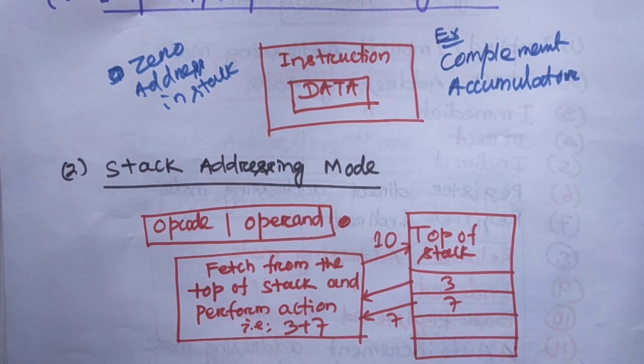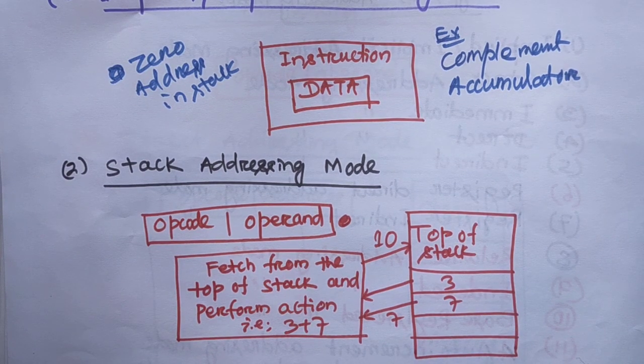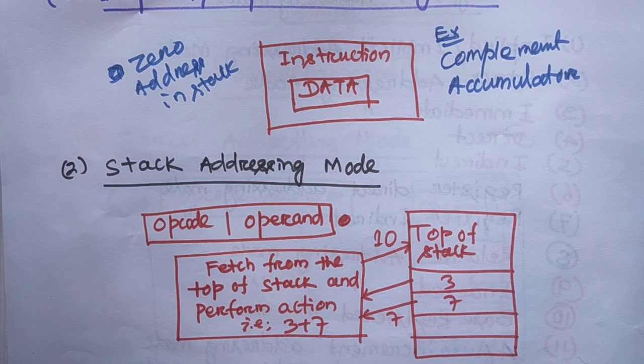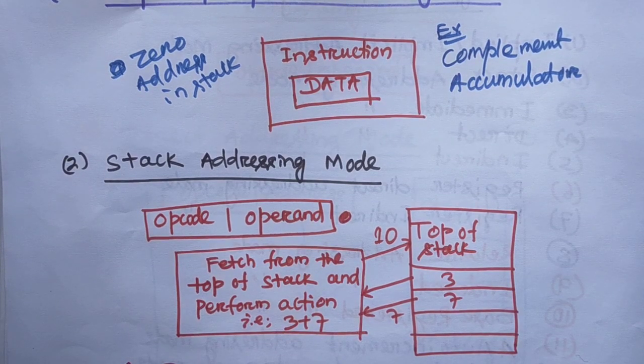Next is the stack addressing mode. Stack addressing mode is very easy because it just fetches the data from the top of the stack. Although each data item is stored at a certain address, it is not fixed.